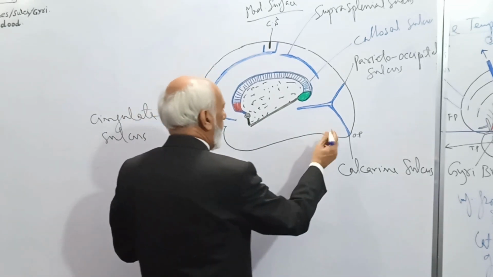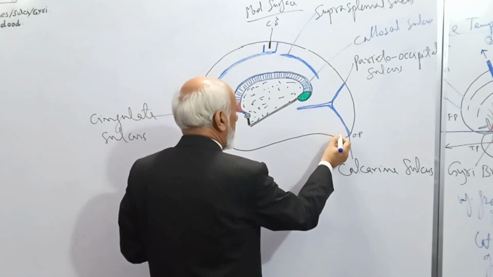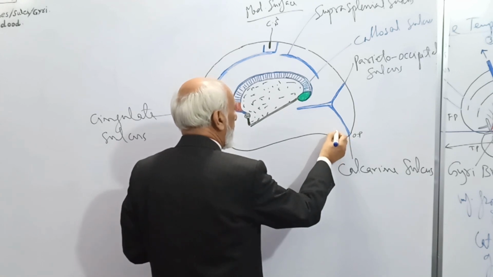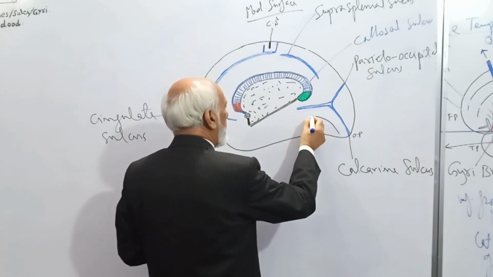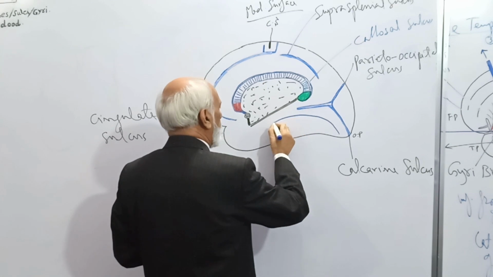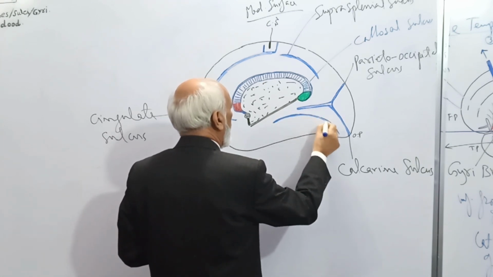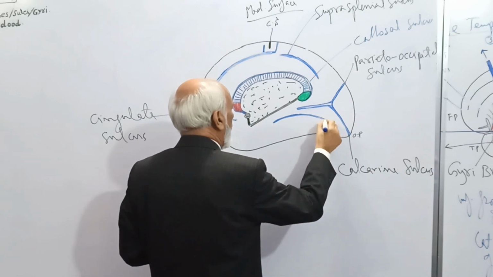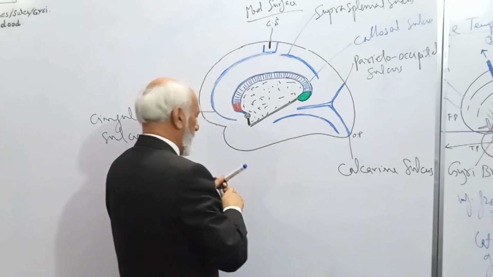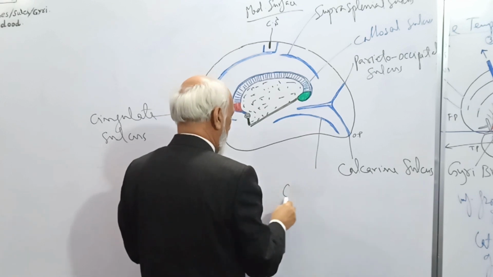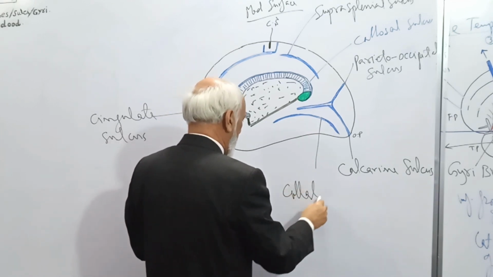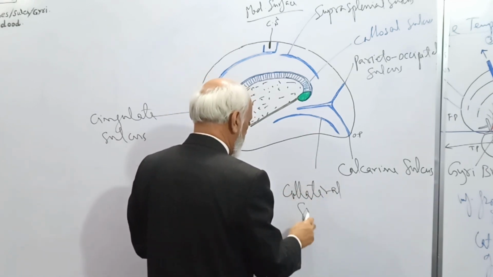Then below and parallel to the calcarine sulcus, there is another sulcus known as collateral sulcus.